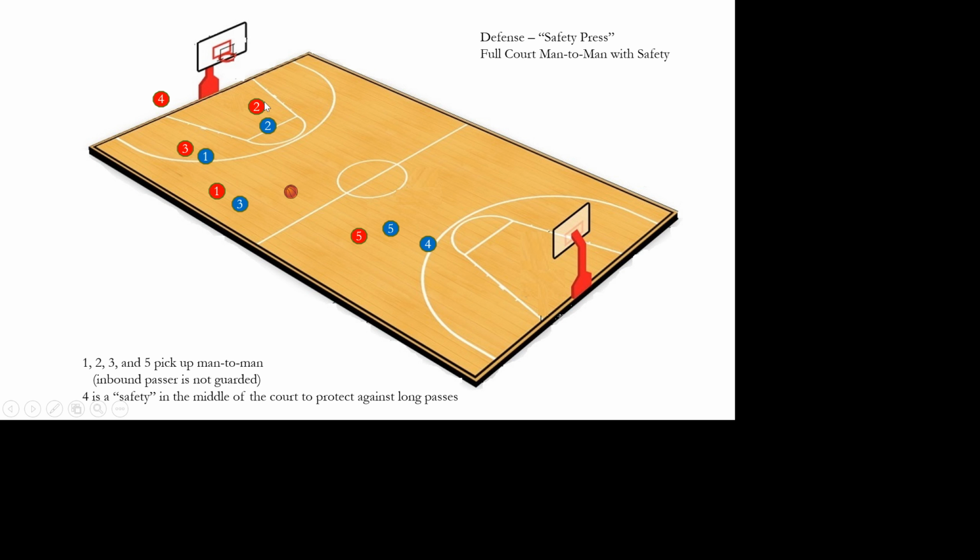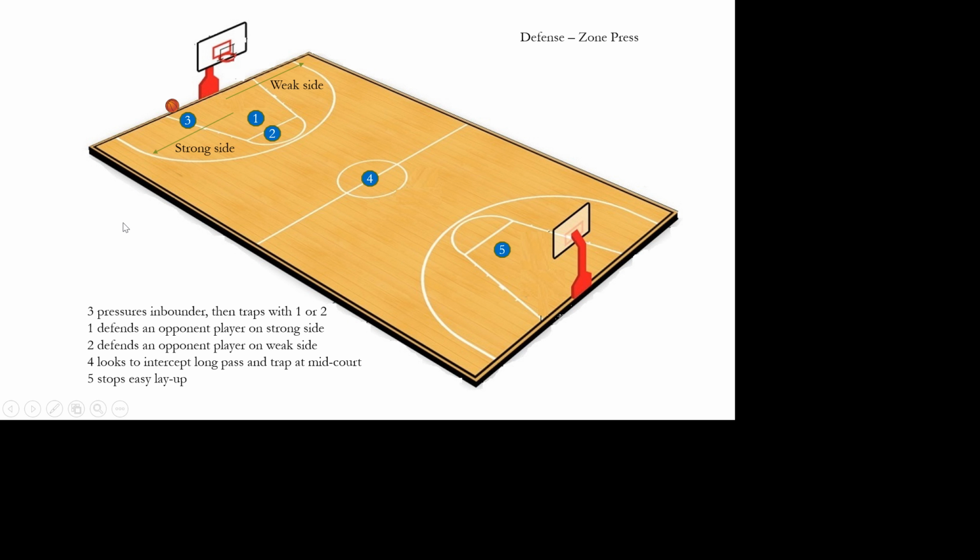Everyone else is just guarding their man, and eventually 4 is going to pick up the man that took out the ball, the 4 player from the other team, and guard him if we're doing man-to-man on this end of the court. So that's our safety press.